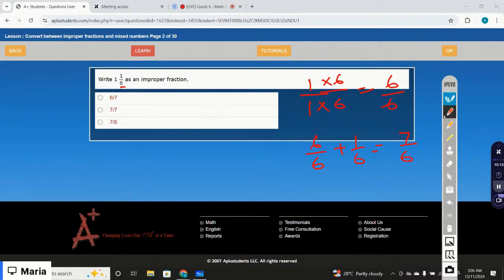The correct option is 7 over 6. That's option number 3.